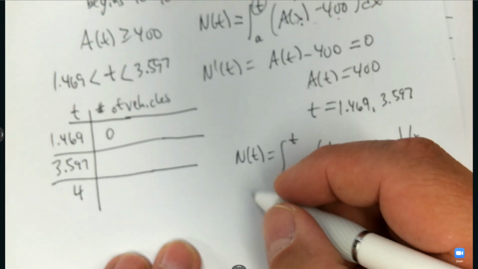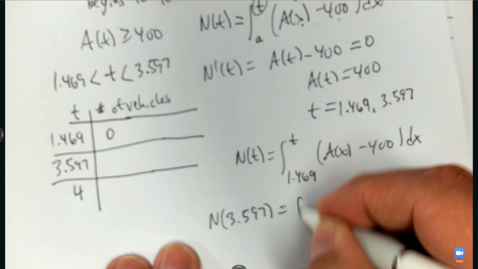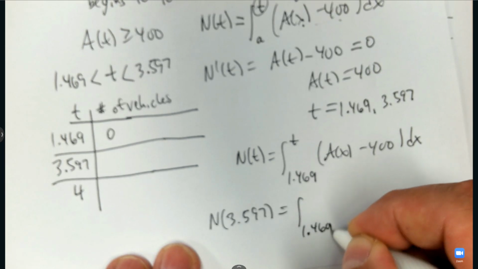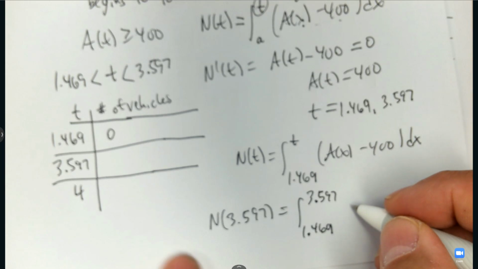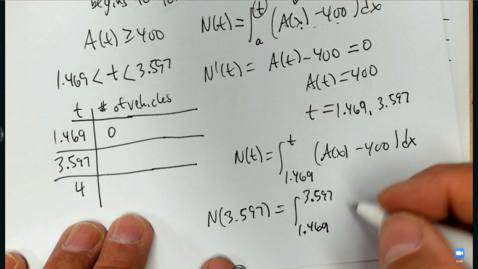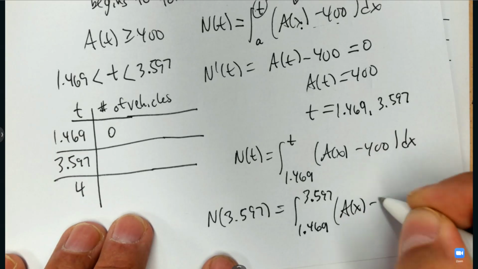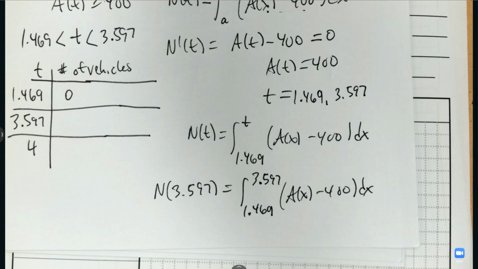The second one I need to figure out is at 3.597. So I'm going to integrate from 1.469 to 3.597. And I'm going to use my calculator. So for this one, I need to type that in.